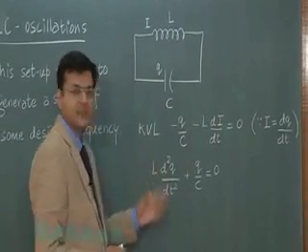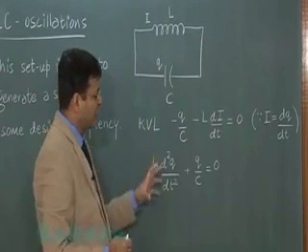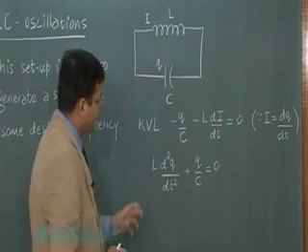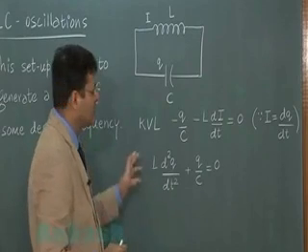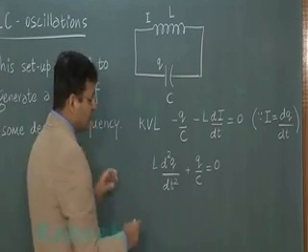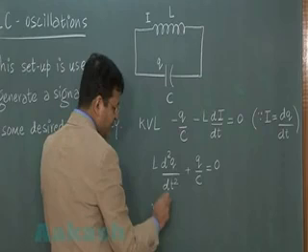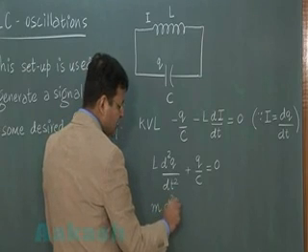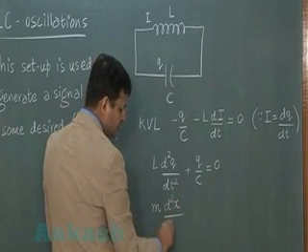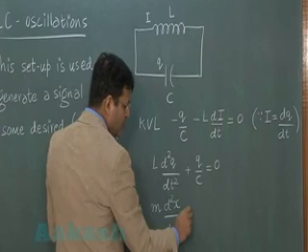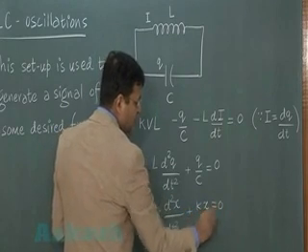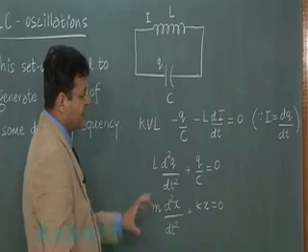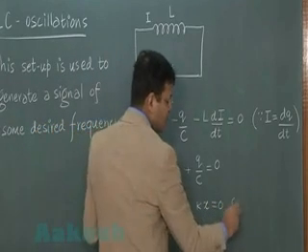I am calling it oscillation because if you consider the differential equation of simple harmonic motion, which you call mechanical oscillation, you can write m d2x by dt2 plus kx equals 0. So this is a differential equation of mechanical oscillation.